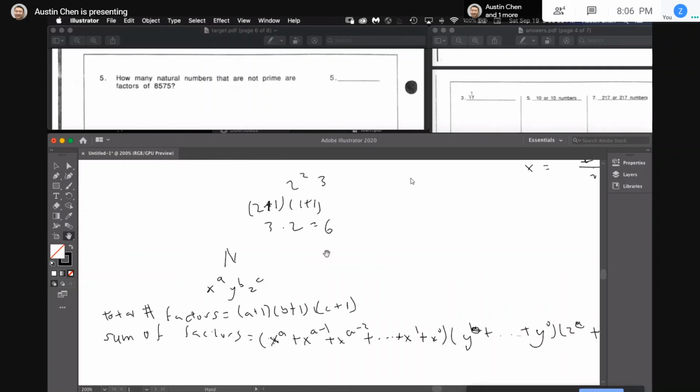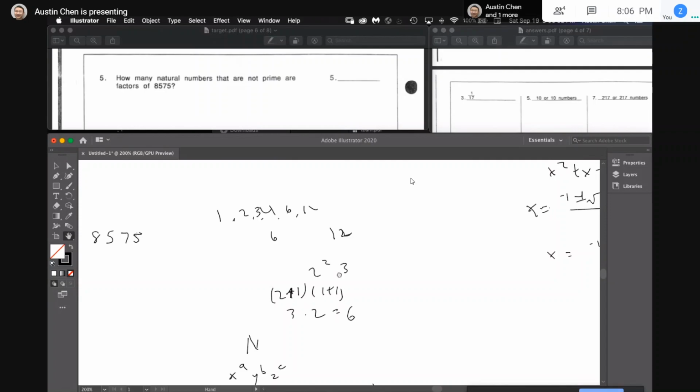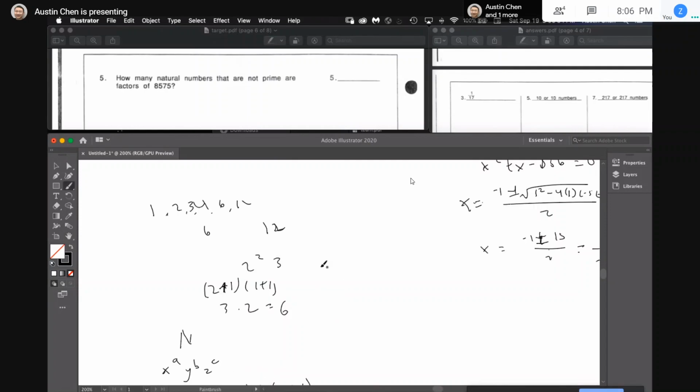So in this case with 12, prime factorization of 2 squared times 3, the sum of the factors would be (2 squared plus 2 to the first plus 2 to the 0th) times (3 to the first plus 3 to the 0th). Now 2 squared is 4, 2 to the 1 is 2, anything to the 0th power is 1, and 3 to the first is 3, 3 to the 0th is 1.